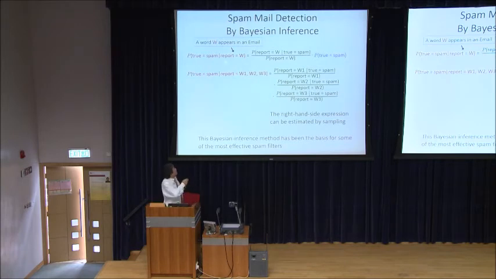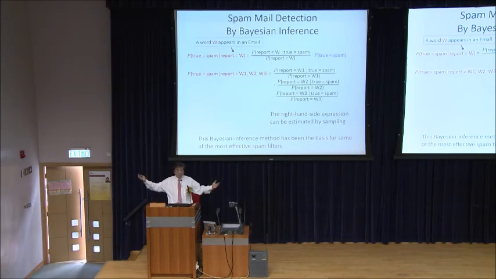To find the probability that an email is spam, given the email has a certain word W, is very hard. But you turn this around. Instead of computing the probability of spam given a word, you compute, for a spam email, the probability that the email contains that word.